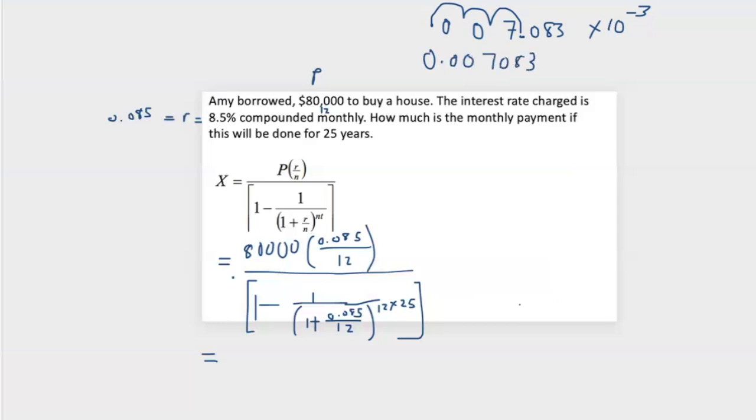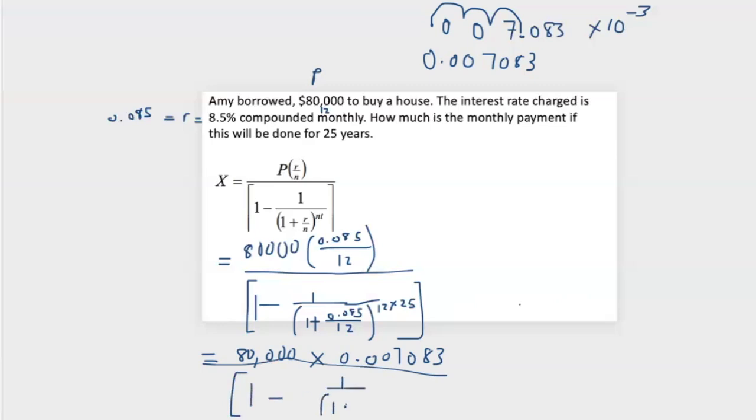So that means this is 0.007083. So therefore, I'm going to have 80,000 times 0.007083. And I decided to use that amount of numbers. You don't have to. You could have just said 0.007. That's fine. Just ensure you round off properly. So in the denominator, I have 1 minus 1 over.